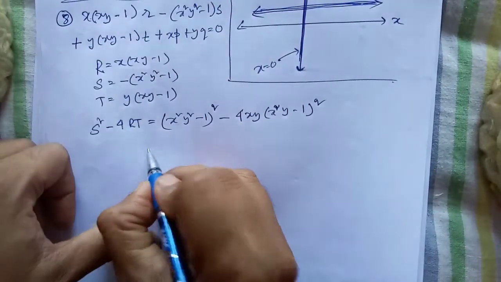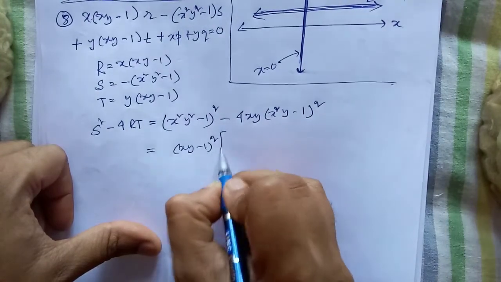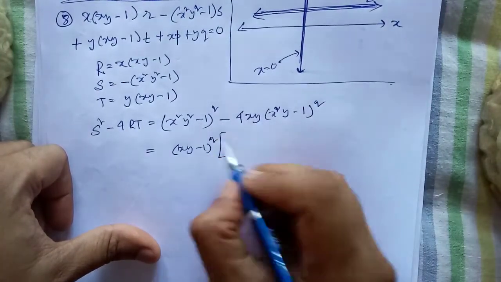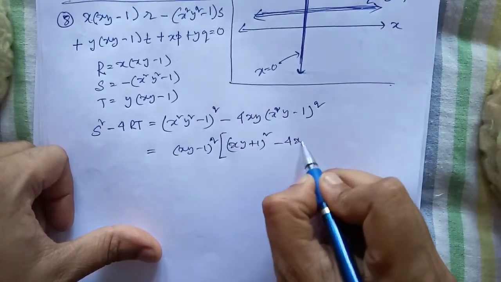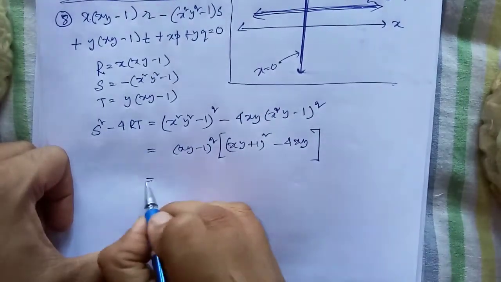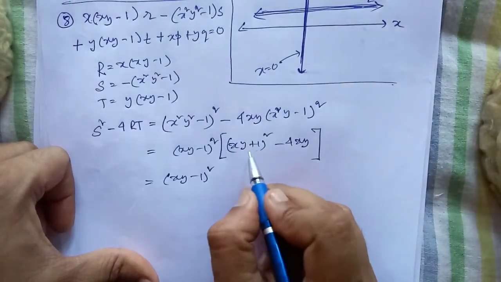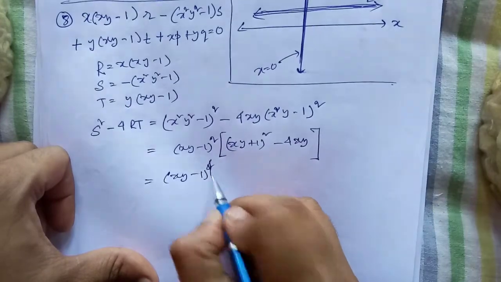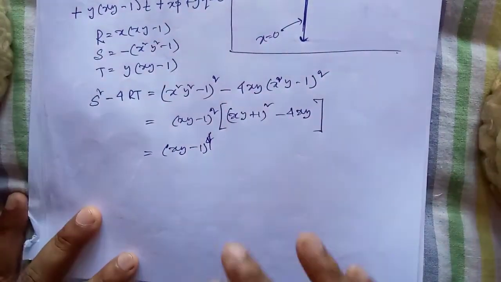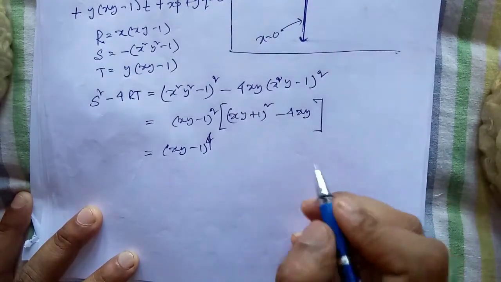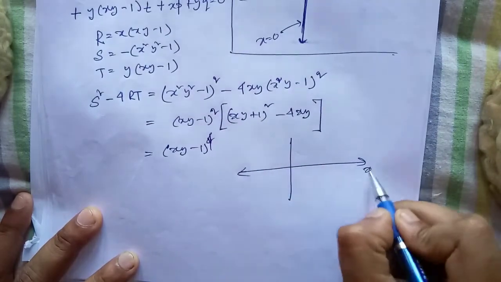So simplifying, see that (xy − 1)² you can take common, and then this will be (xy + 1)² − 4xy, and simply see this will be actually (xy − 1)². So finally you get (xy − 1)⁴. So see, there will be a rectangular hyperbola on the xy plane.